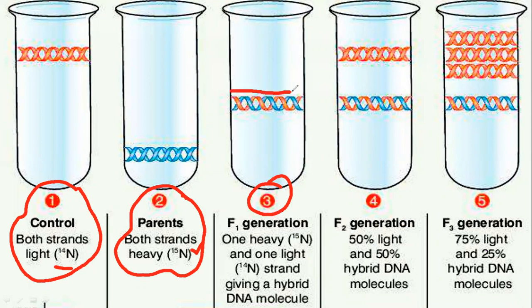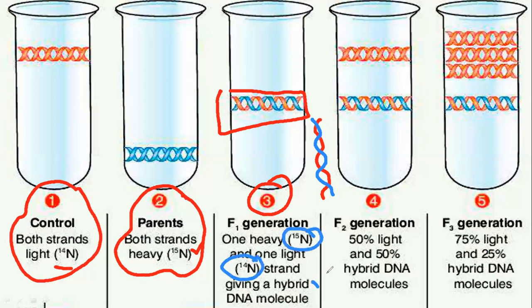When we analyzed that DNA, we came to know one important thing: one of these strands was from the parent and there was a newly synthesized strand as well. So it gave us a hybrid, one N15 and the other N14 strand, giving us a hybrid DNA molecule. That was in the F1 generation.